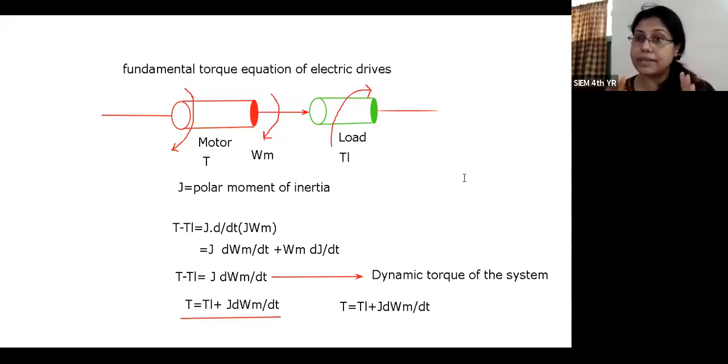Please draw the schematic diagram, as well as write down the expression. It is important.